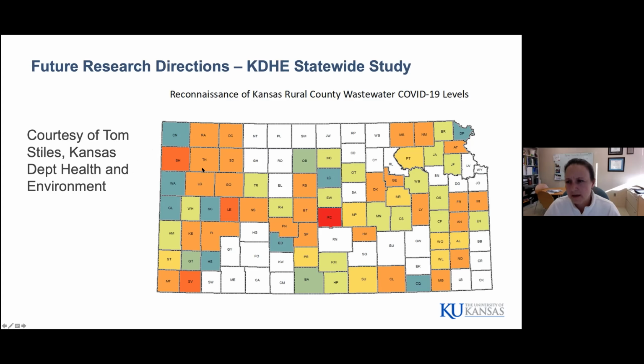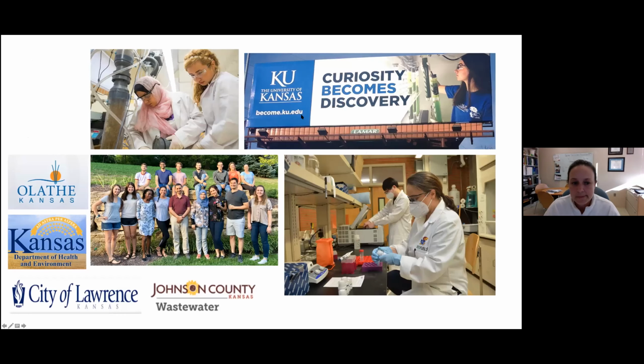Some of the highest concentrations we observed are in our smallest systems. Some of that has to do with there not being a dilution effect, and some of it has to do with pockets of high case numbers that we've observed in these small communities. So that's what I had prepared today.